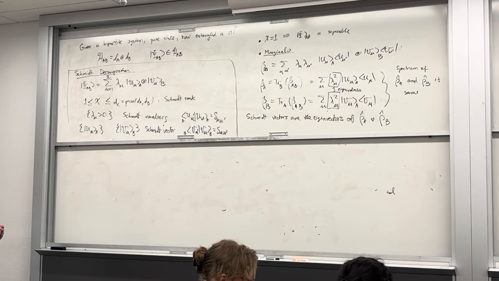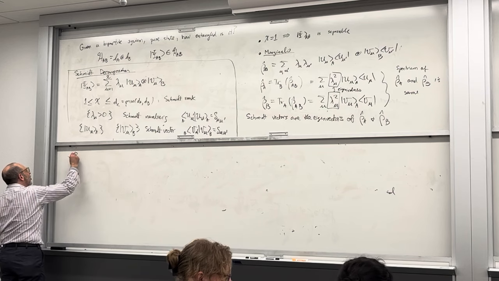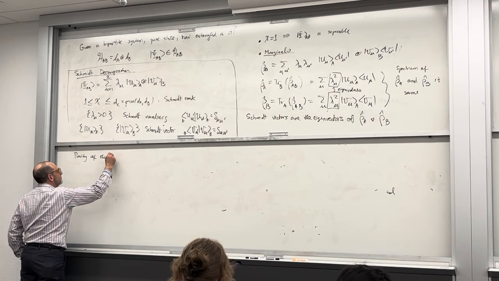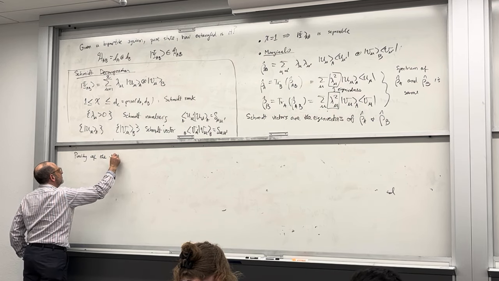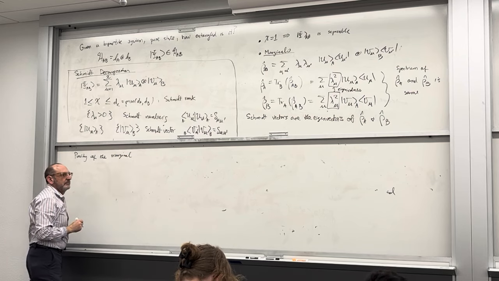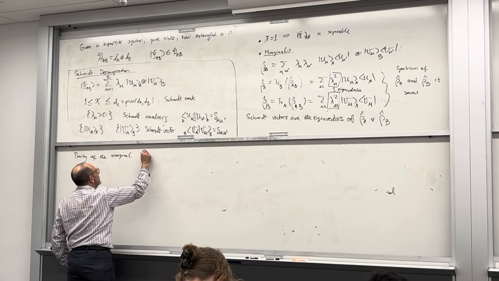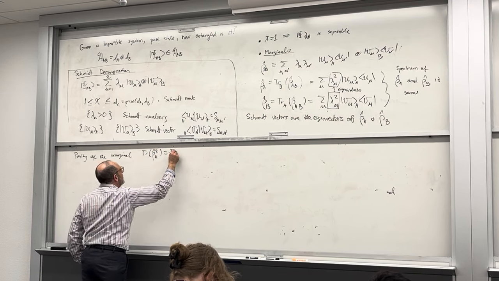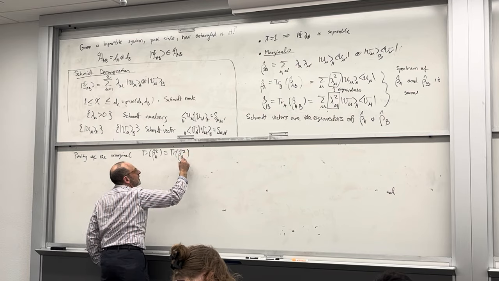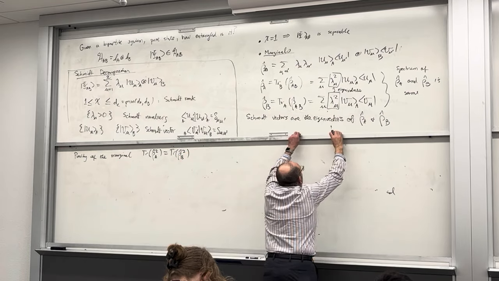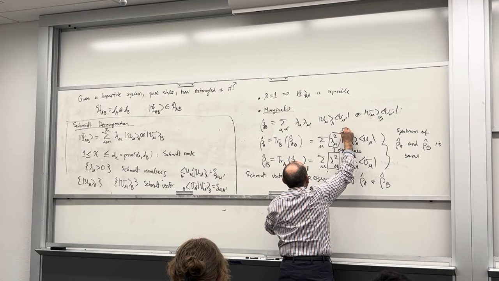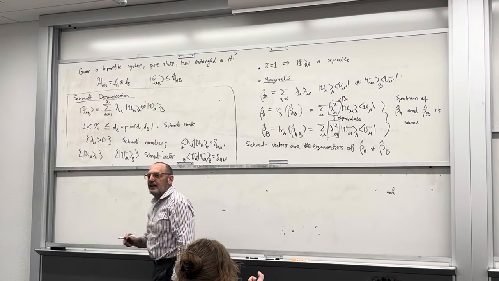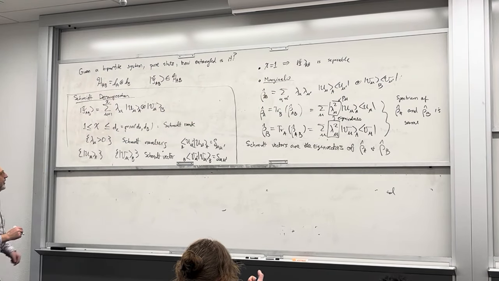So the purity of the marginal is the trace of rho squared, which is the same for both of them. And if I call the square of this eigenvalue p mu, that's the probability of finding that state in the eigenvalue of the density operator.